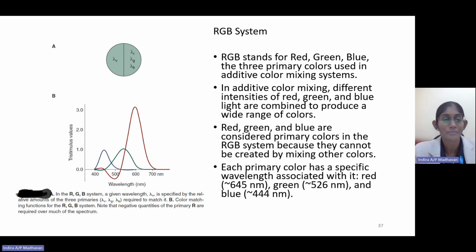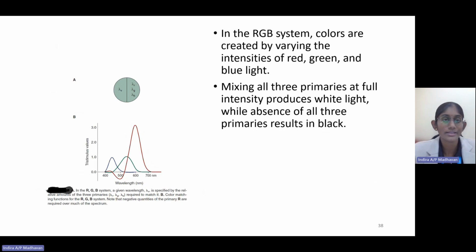They are pure colors. Each primary color has a specific wavelength associated with it: red about 645 nanometer, green about 522 nanometer, and blue, the shorter wavelength, about 444 nanometer. In the RGB system, colors are created by varying the intensity of red, green, and blue light.